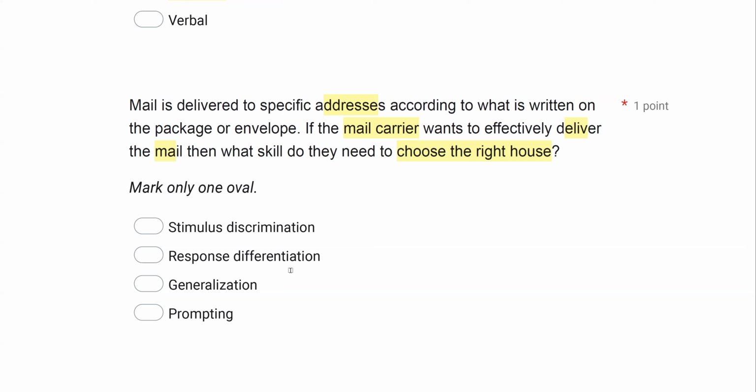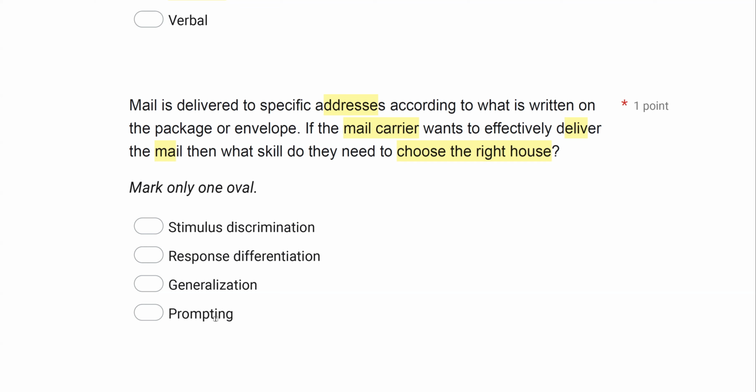Response differentiation, we're talking specifically about differentiating between responses. So understand the difference. Stimulus discrimination is like choosing between red and blue. Response differentiation is pointing at blue versus grabbing blue. Notice one is about the stimuli, one is about the responses.